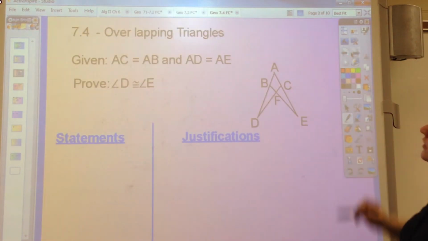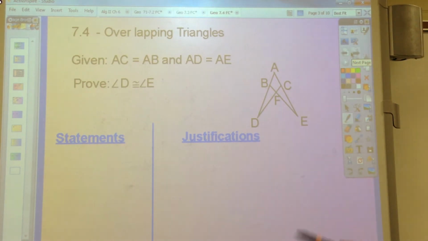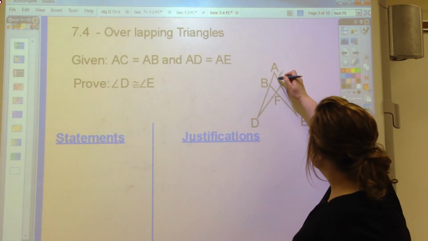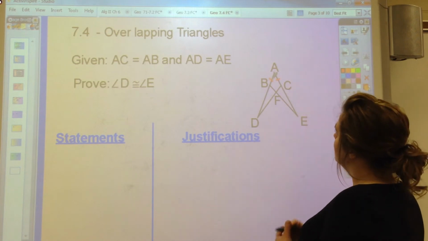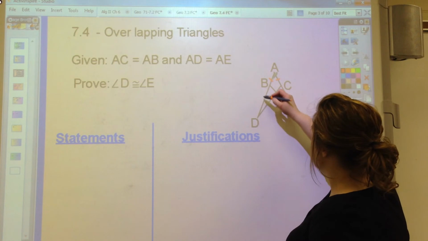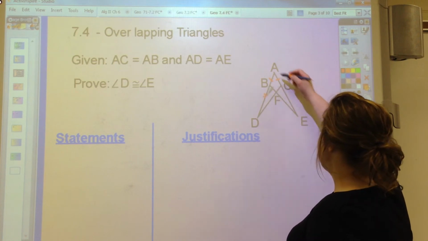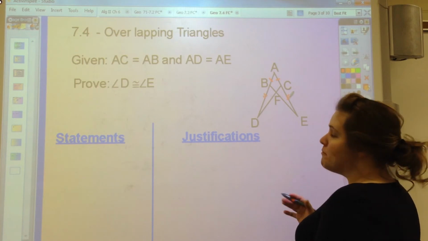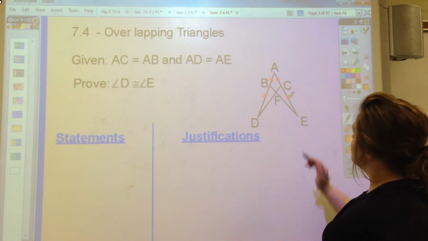Perfect. All right, look at our overlapping triangles. Sometimes, instead of separating our triangles out, we're going to look at our triangles overlapping each other, or interposed on each other. So let's look at this one right here. If I have AC is congruent to AB, and AD from here to here is congruent to AE from here to here, it might help us to redraw this.